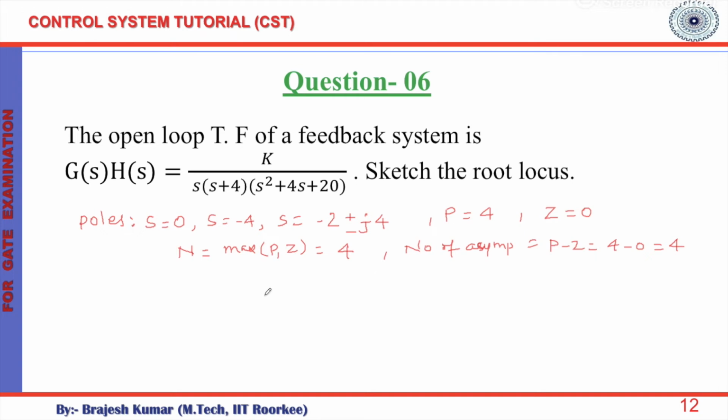We need to find the angles of the asymptotes, meaning the angle which these asymptotes make with the real axis.